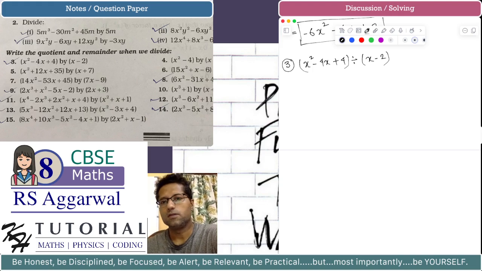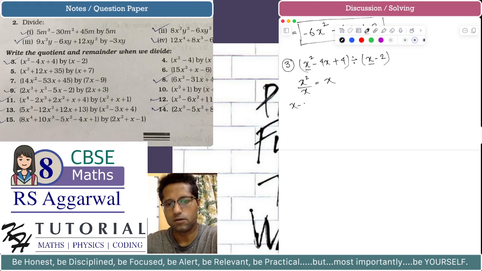So now the first term of the quotient will be the first term of the dividend divided by the first term of the divisor, that is x. So x becomes the first term of the quotient.